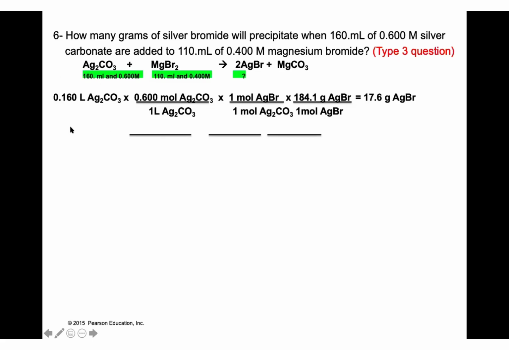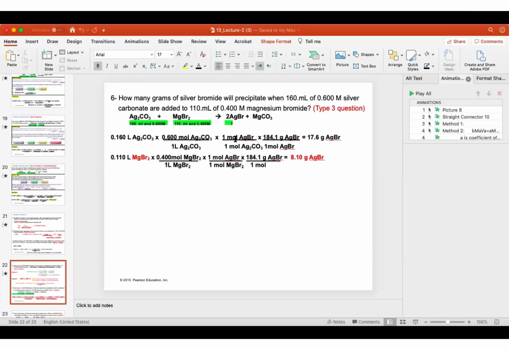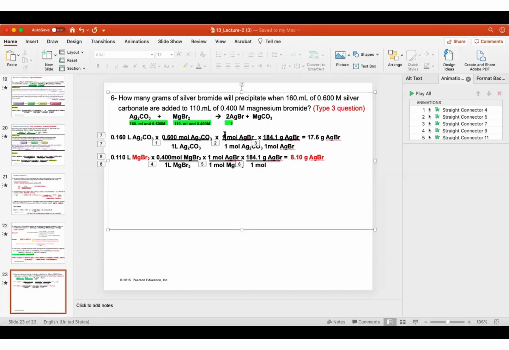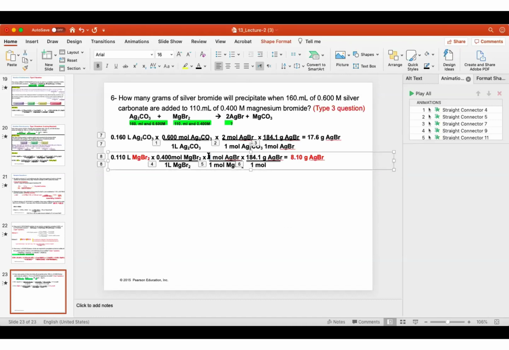Why? Because of course I like it. No, I'm just kidding. So then I relate it with the molarity of it, and then I relate it, I made a mistake, to 2 mole of AgBr, because it's 2 here, the same here, 2 AgBr.